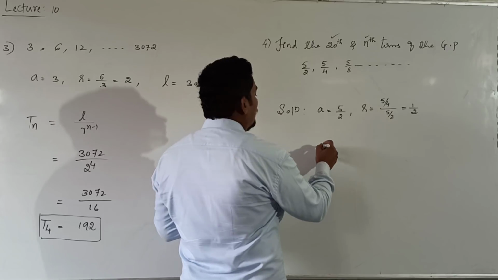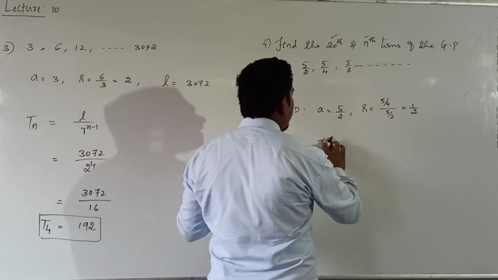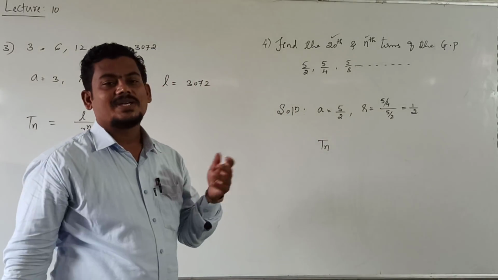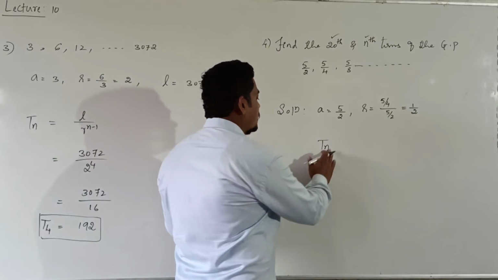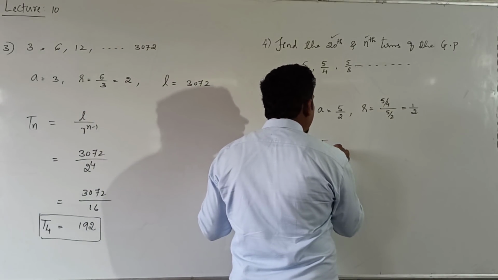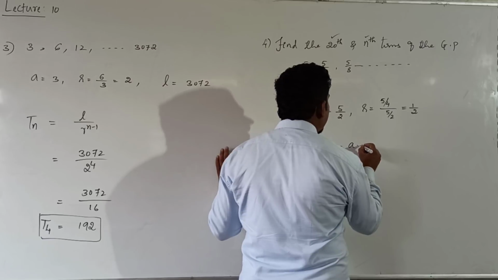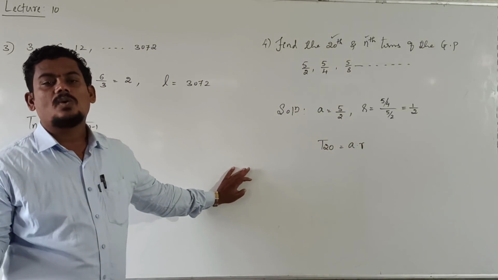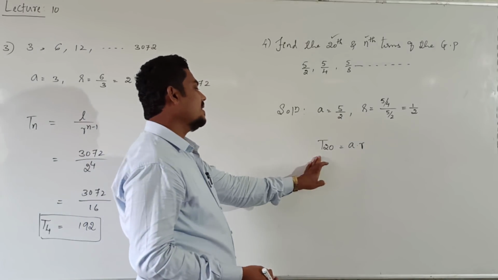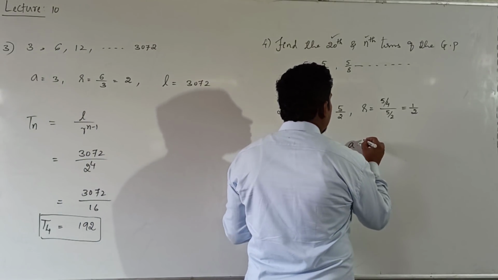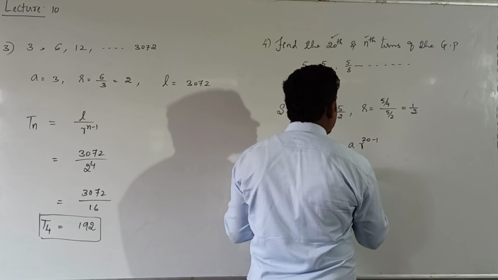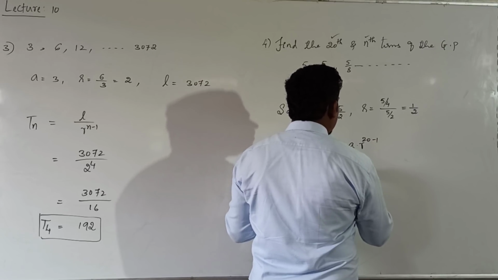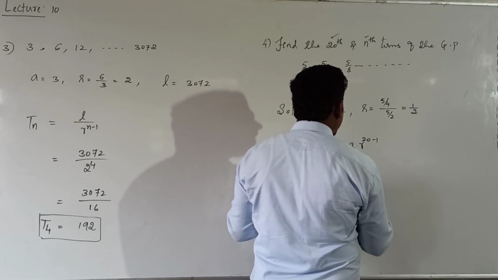Next, we need to find nth term and 20th term, or else first write 20th term. Nth term is a into r power n minus 1, so 20th term is a into r power 20 minus 1, that is equal to a into r power 19.